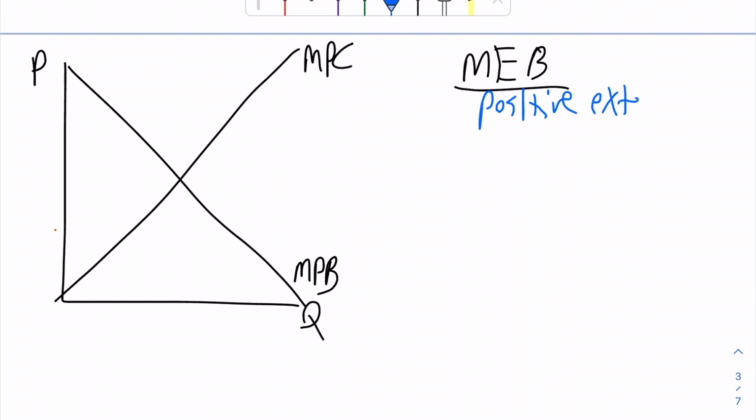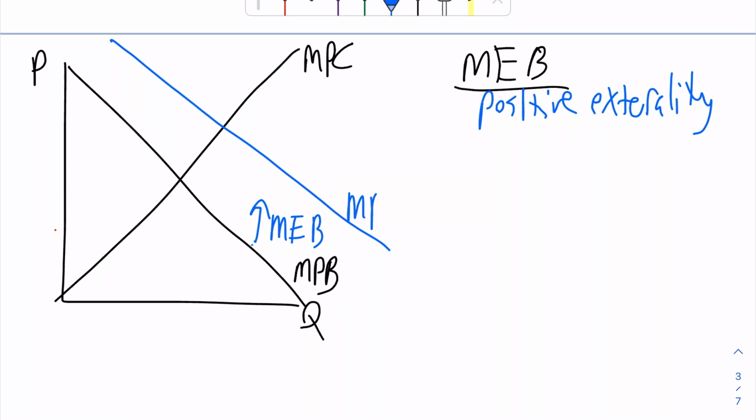Because you planted the garden, you are having this external benefit to your neighbors. So we will be shifting. You will have more benefit. So you're going to be adding to the marginal private benefit, and this creates the marginal social benefit.